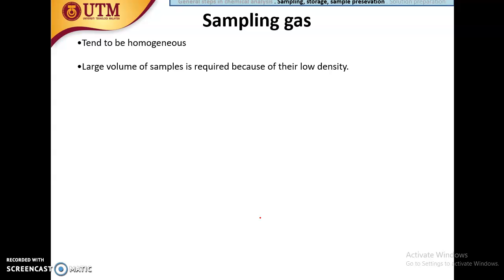Because gas tends to be homogeneous, it easily occupies a space, and therefore a large volume of gas sample is required.